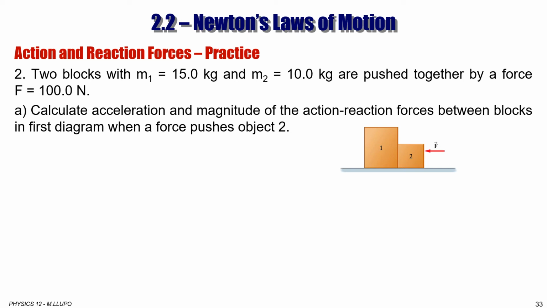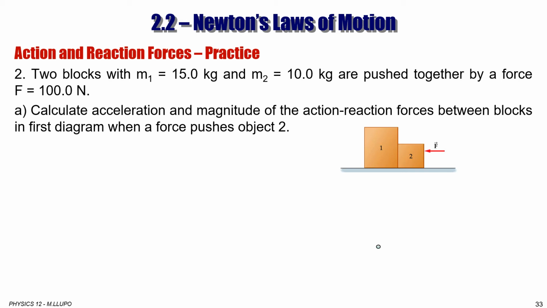Two blocks with masses m1, 15 kilograms, and m2, 10 kilograms, are pushed together by a force of 100 Newtons. In this case it is to the left, minus 100. Calculate the acceleration and the magnitude of the action-reaction forces between the blocks in the first diagram, when the force pushes object 2, the small one.